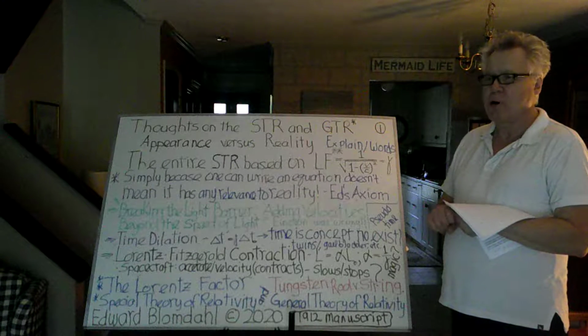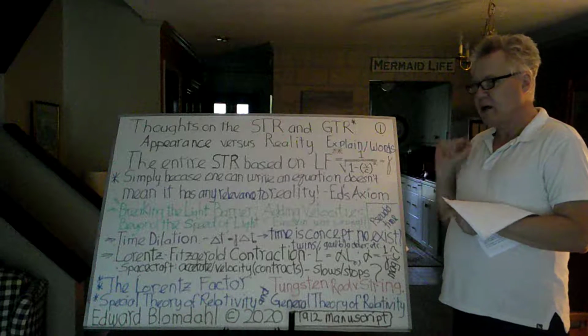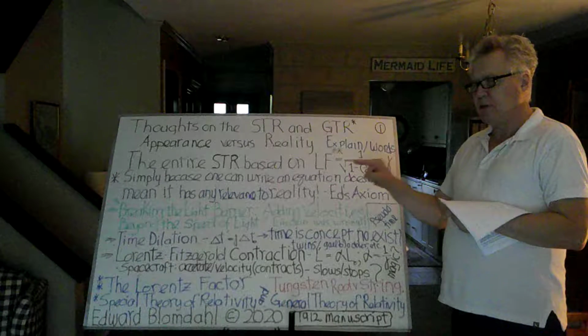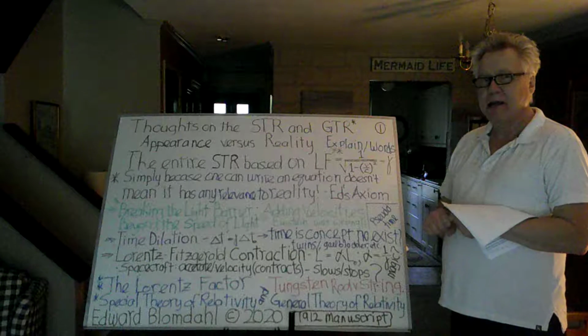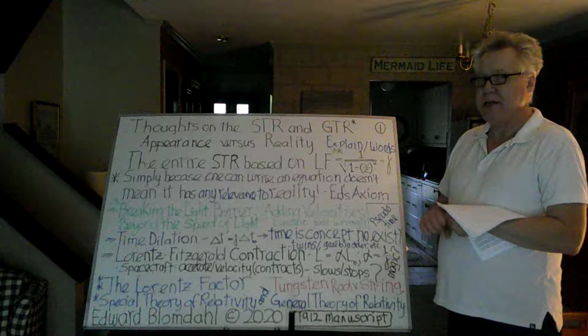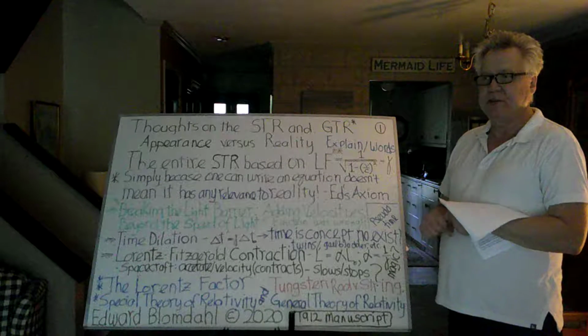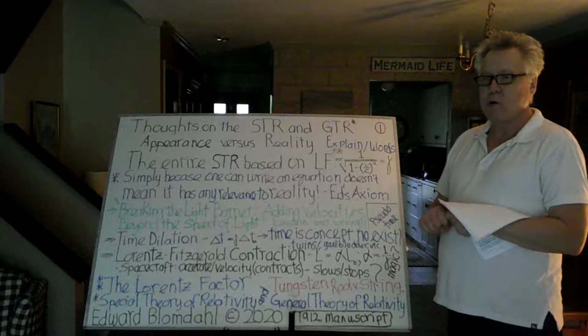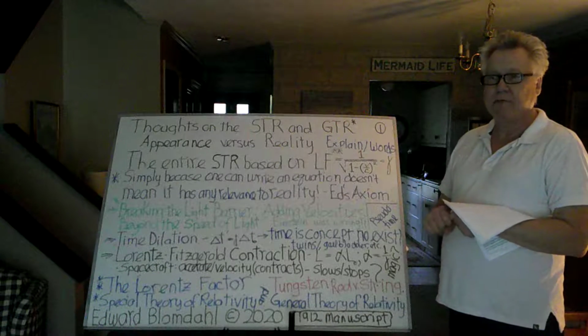In other words, if you're holding a mirror at the speed of light and a light beam comes at you, it's going to reflect back. At what speed? I'd say the full speed, because that's how it is with all the others. If you have a truck coming at 50 miles an hour and you throw a ball at 50 miles an hour against the truck, it's going to rebound off that truck.